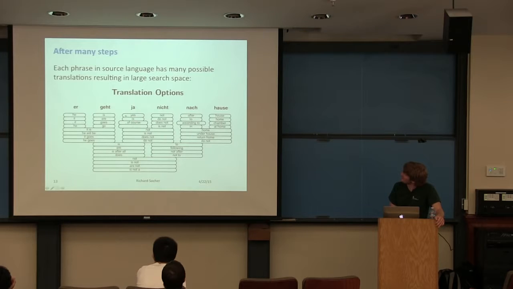And like I said, "ja nicht" could translate to "yes not" if you just look at the single words, but oftentimes you could also say, well, maybe those together translate to "does not," and if you have multiple people, "do not," and so on. So now you have all these potential translations. And "nach Hause" is an interesting one too. "Hause" could be house or home, or even chamber, or just at home, and there are multiple combinations.